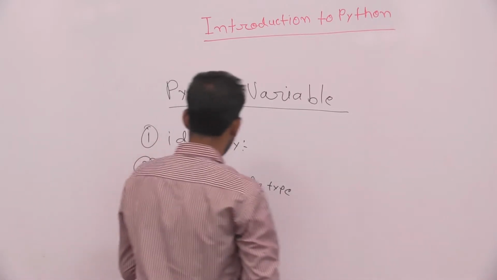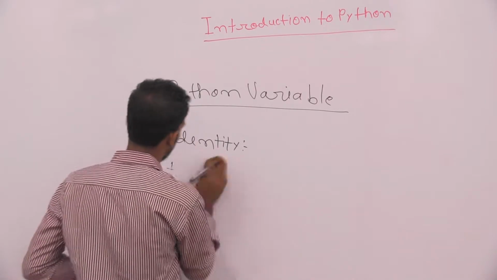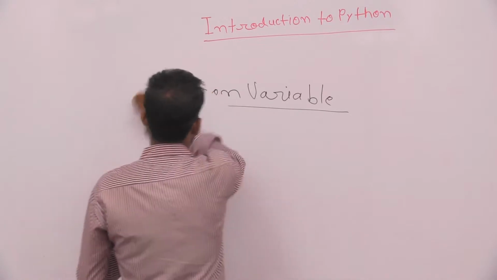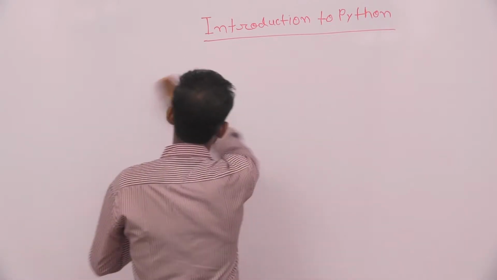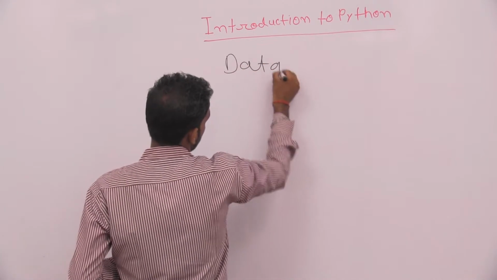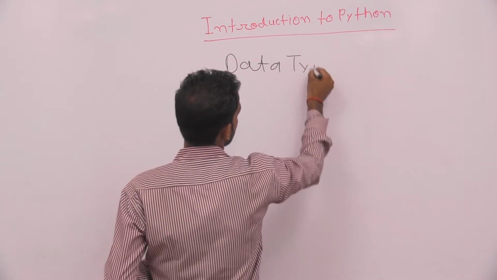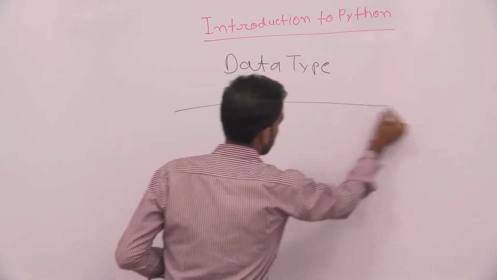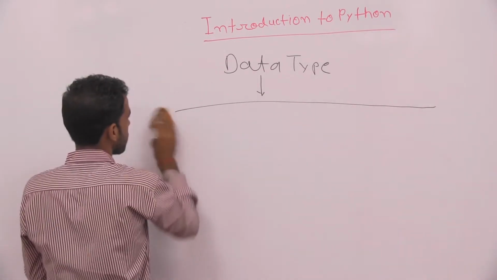There is another classification of data types. Data type is used to tell the compiler the type of data. There are various types of data.